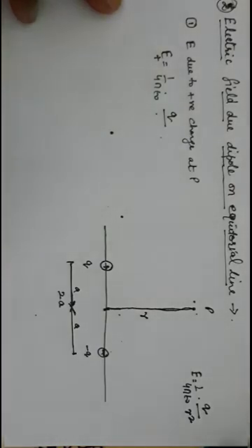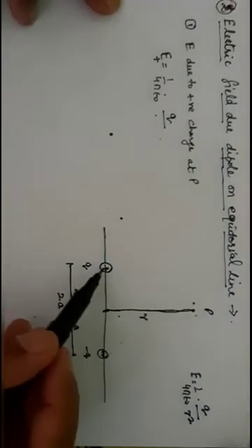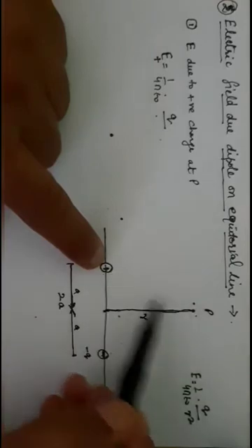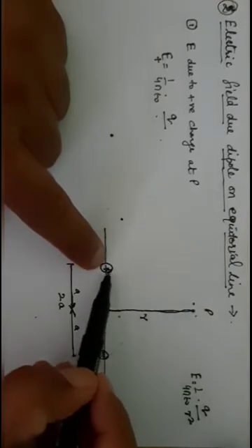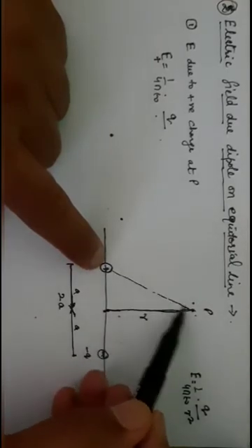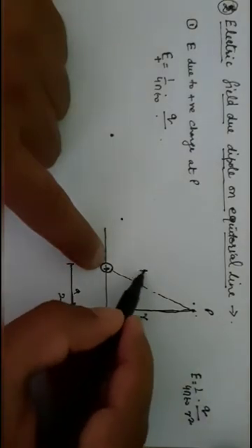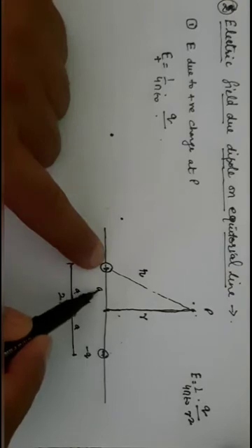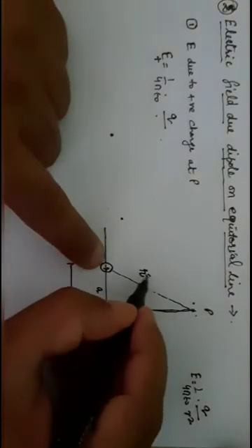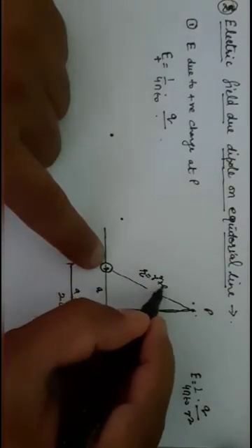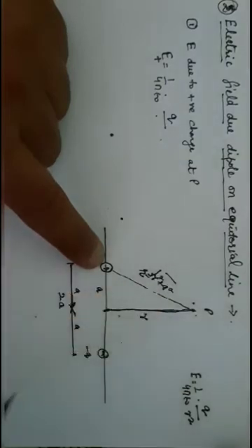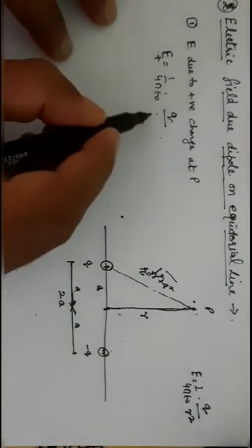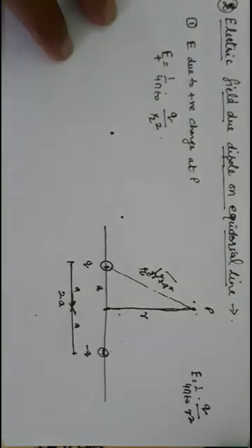Here r is the distance of this positive charge from the point of observation, meaning the direct line joining these two points. So this is your distance. I took this distance as r. If you calculate this, this distance is a, so it becomes square root of r square plus a square. So it is r square plus a square.